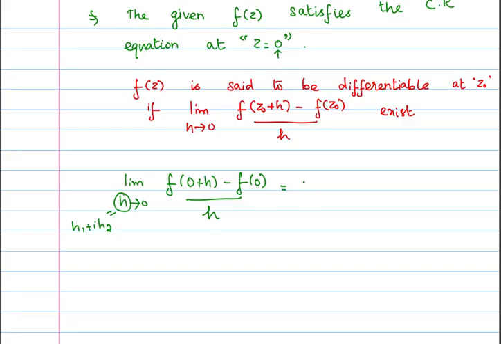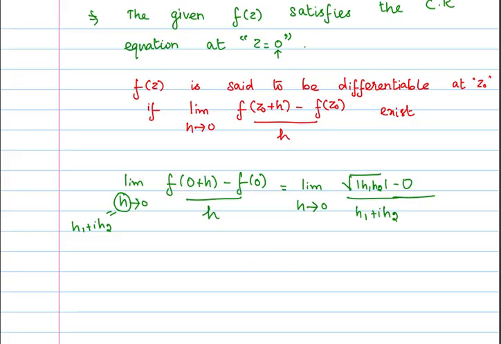So this implies the limit as h tends to 0 of square root of the absolute value of h1 h2 divided by h1 + i h2. Since f(0) is 0, that is why we can write it this way.